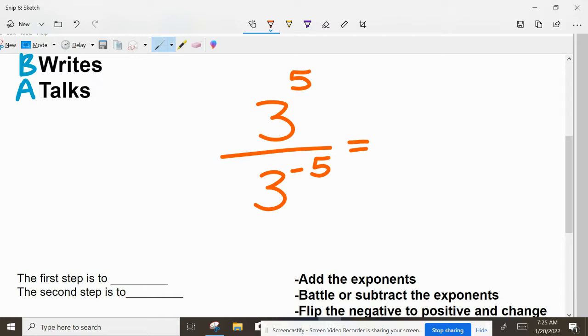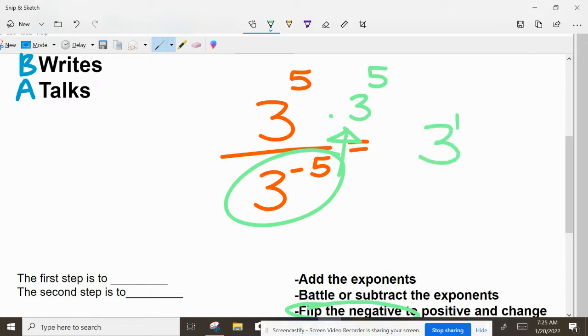Okay, so as you go through this, making sure, flip the negative, flip the negative. So this needs to flip sides, go up top. All right, then you're gonna have 3 to the 10th, okay?